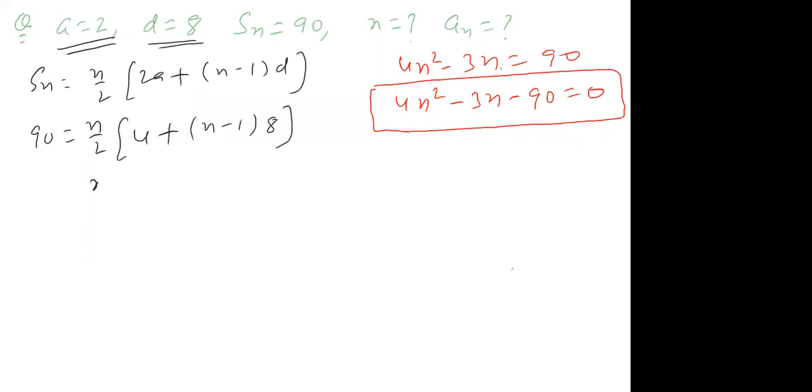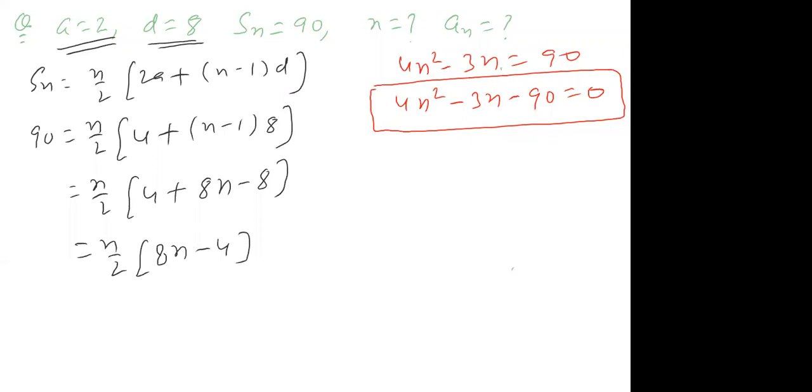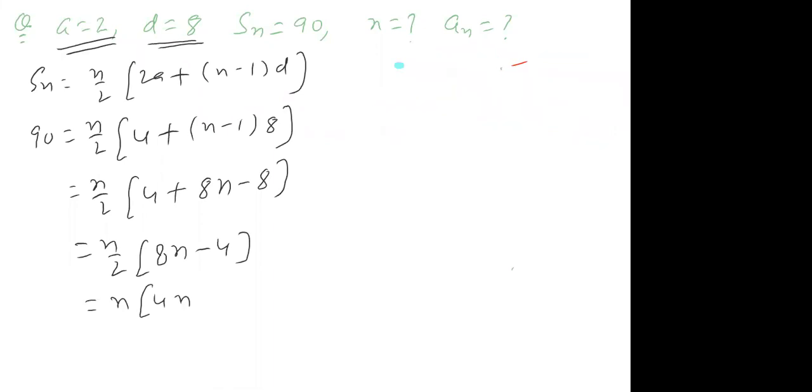So this is equal to n upon 2 into (4 plus 8n minus 8), which is n upon 2 into (8n minus 4). I think I made some mistake in the earlier question, so that mistake is corrected now. So this is n into (4n minus 2).